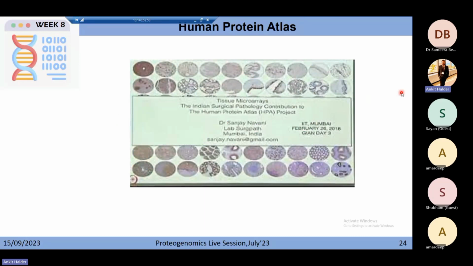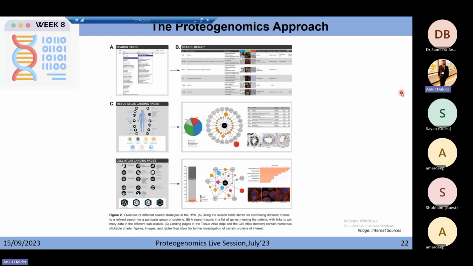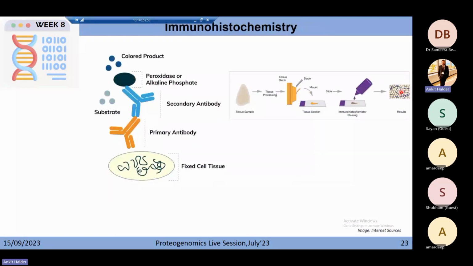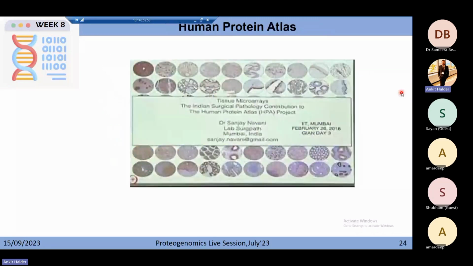So I just tried to bring in this fact. The project that was performed for the Human Protein Atlas, or the tissue atlas, has also been very much contributed to by Indian clinicians, who helped in the immunohistochemistry process, in visualizing and analyzing the data, and in the sectioning and the staining.